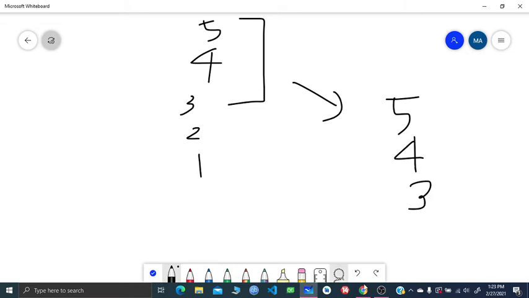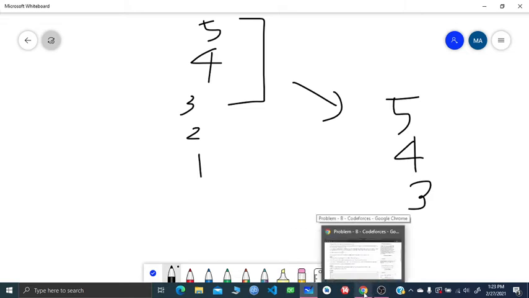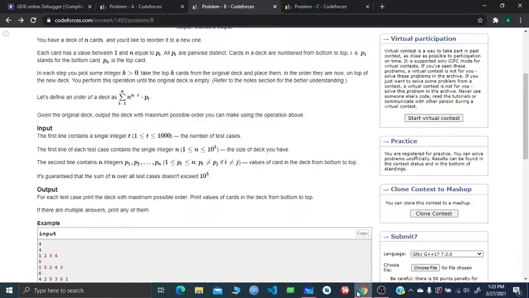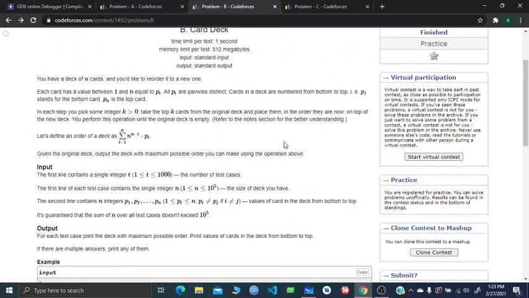Then if I take 2, my new deck would look like 2, and then if I take 1, it will look like 1. Similarly, take the top k cards from the original deck and place them in the order they are now on top of the new deck, and we perform this operation until the original deck is empty.